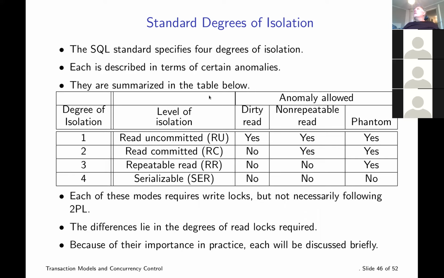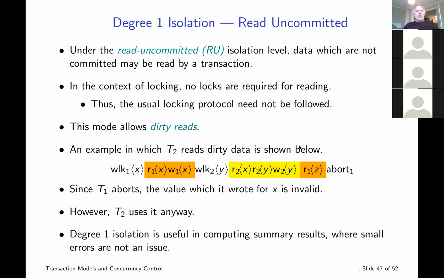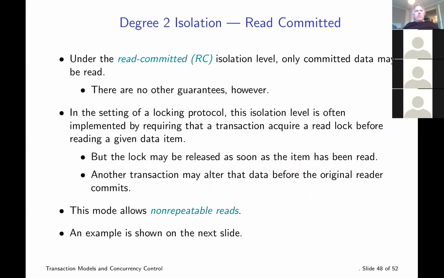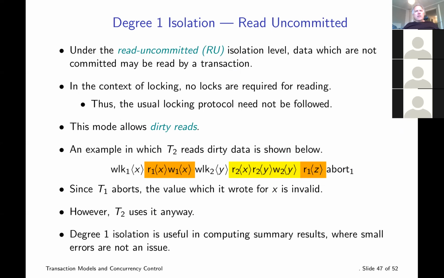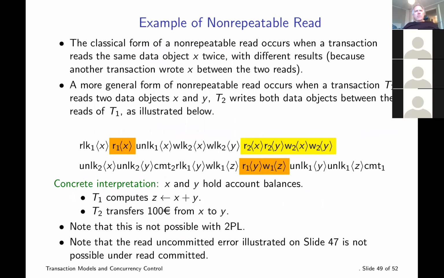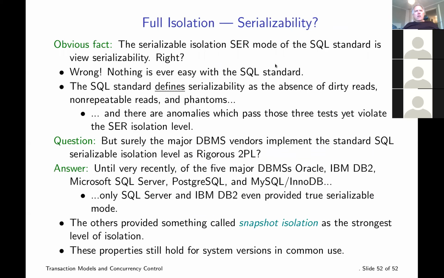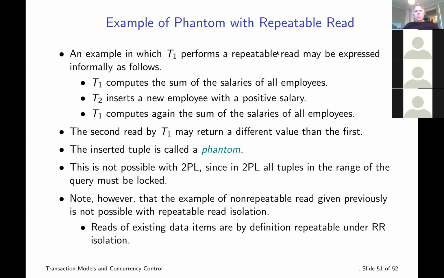Boy, we're looking for time here. Okay, let's just finish this up. This is more historical, this business of isolation levels. Let's just stick with read uncommitted, read committed, and then serializable.